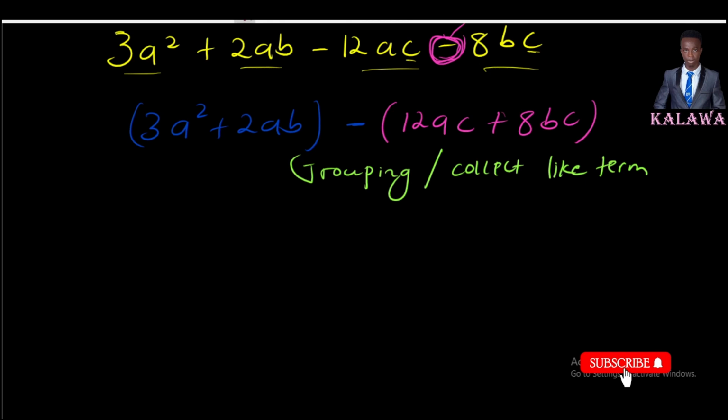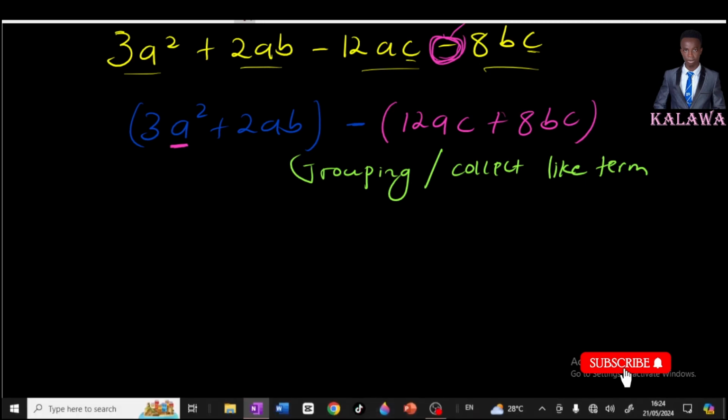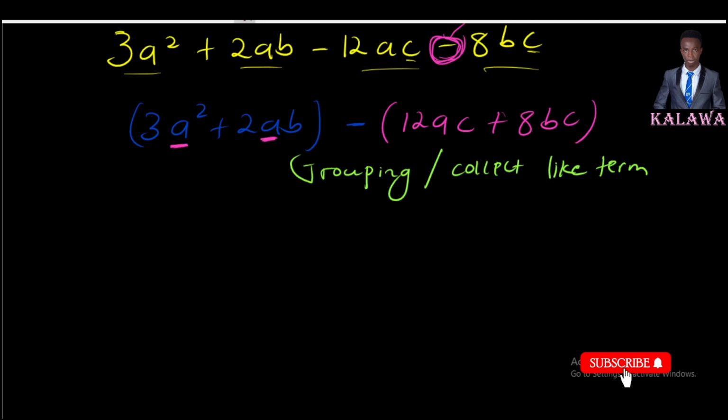So if we take this first term, after we have grouped or collected like terms, this first binomial, we ask ourselves, what is common between these two terms? The answer is obviously A. A is in the first term, and also we have A in the second term.